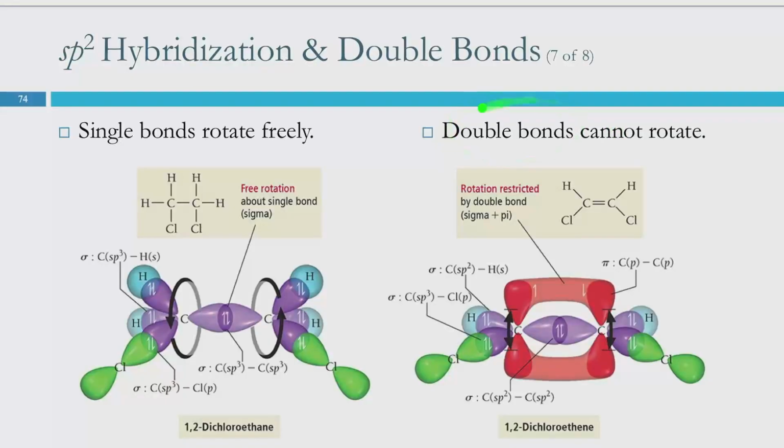When we get to double bonds though, we've got these up and down configurations. If you try to rotate those, you lose your overlap. You would have to break the bond in order for those to not overlap anymore.